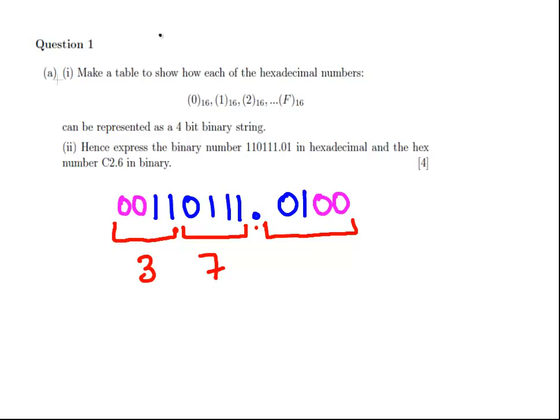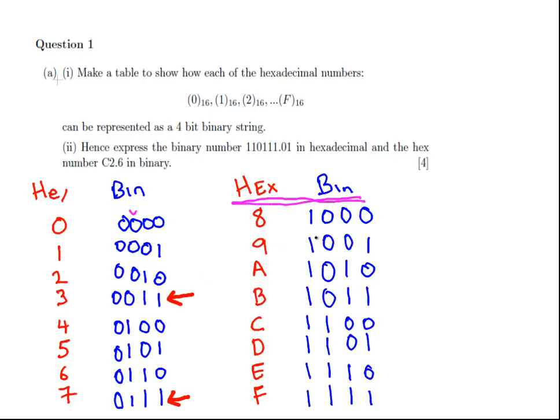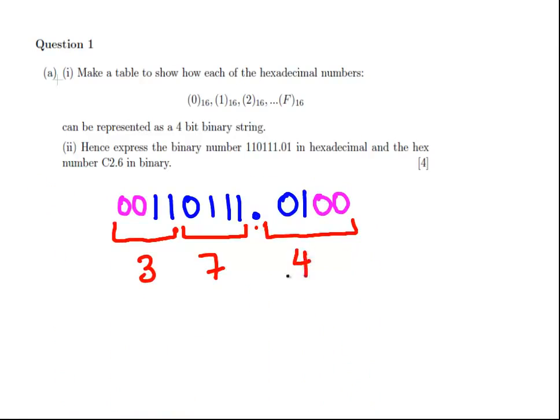And 0, 1, 1, 0 is equal to 6, and the last group, 0, 1, 0, 0, is equal to 4. Okay, so the answer is 37.4. Now don't say thirty-seven point four; you're going to write it down, but it's three-seven point four.